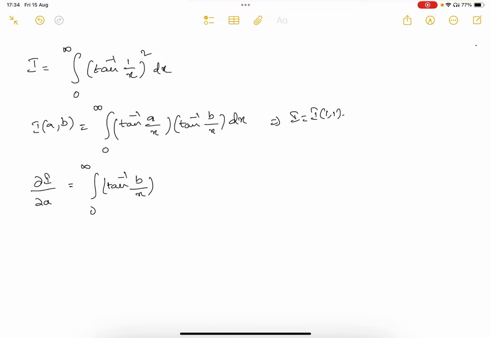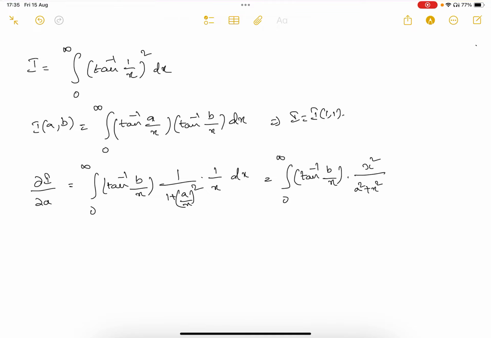Then it will be 1 by 1 plus (a by x) whole square into 1 by x dx, which is integral 0 to infinity tan inverse b by x into denominator a square plus x square into x square, 1 by x dx.